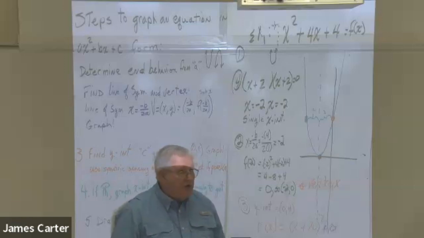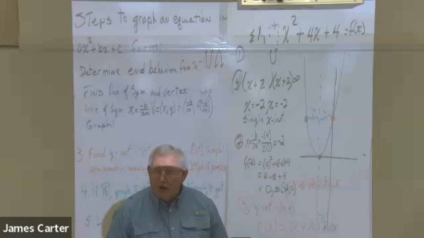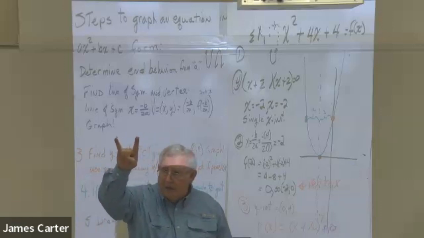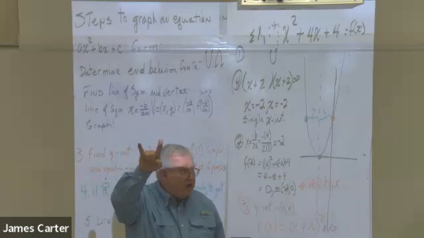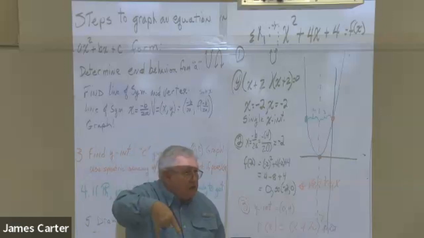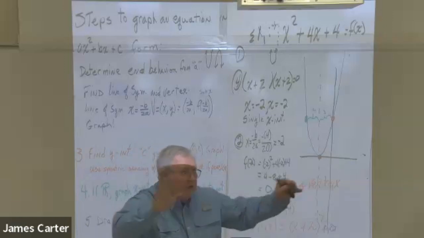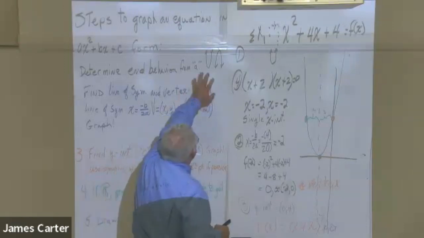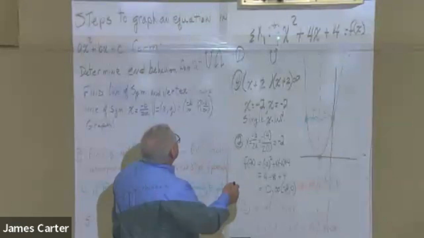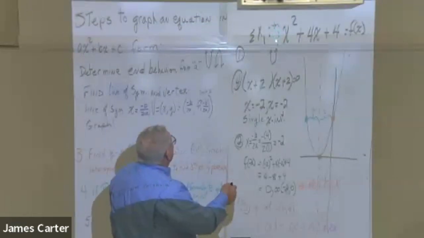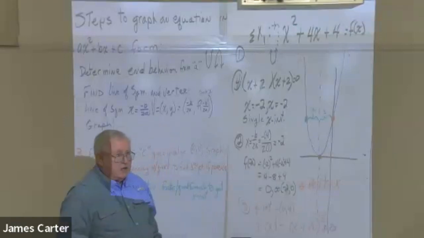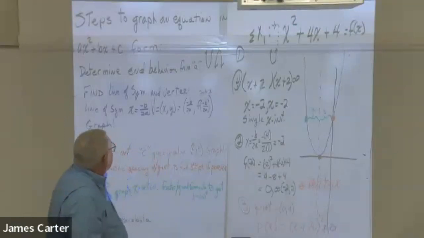If it's a square and it's a positive leading term, it's going to go up and up. If it's a square and it's a negative leading term, it's going to go down and down. We've done that. They want us to do it. So we look at this leading term, it's a +1. That's a square, so we know this is an upward going parabola.